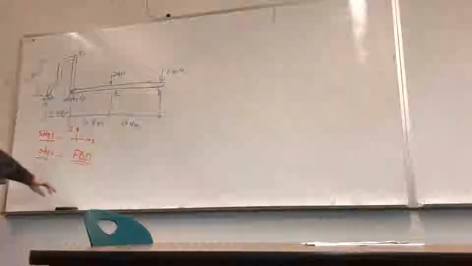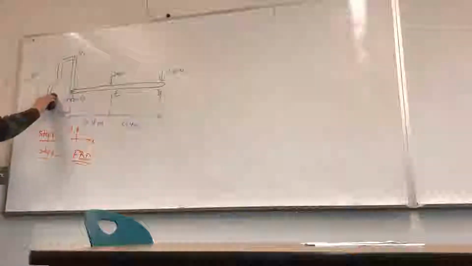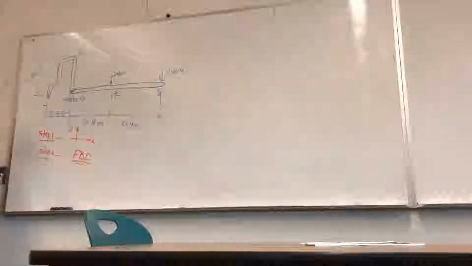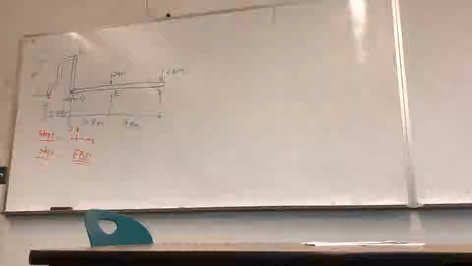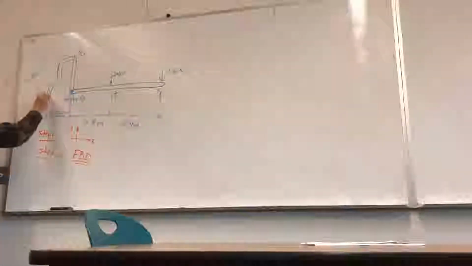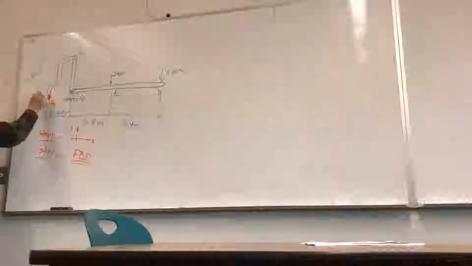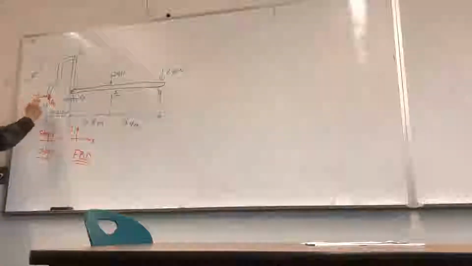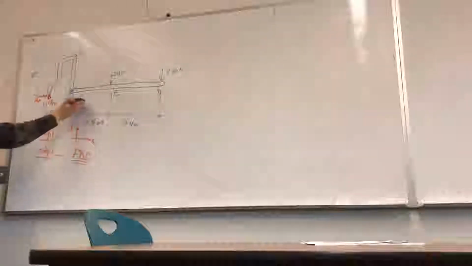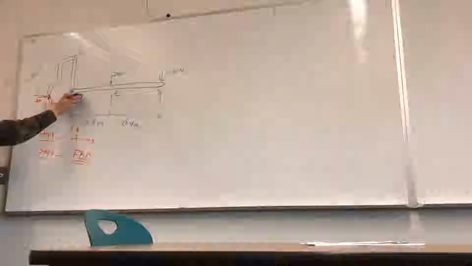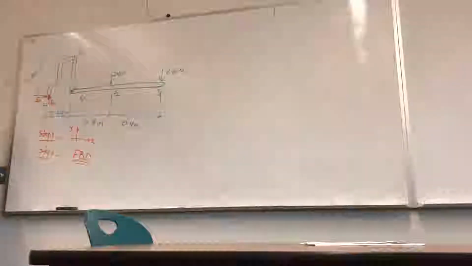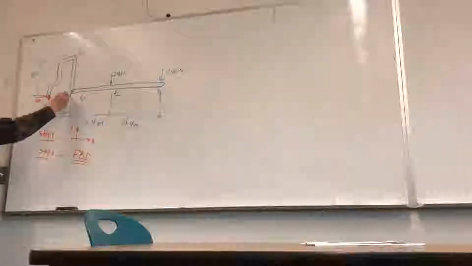I will remove this. How many unknowns does this represent? Two, AY, AX. How about this one? How many unknowns? How many forces? Two.